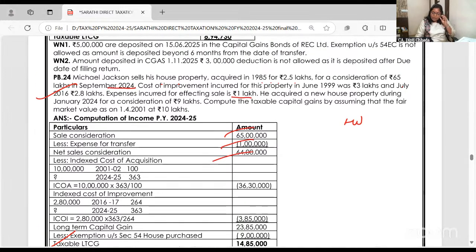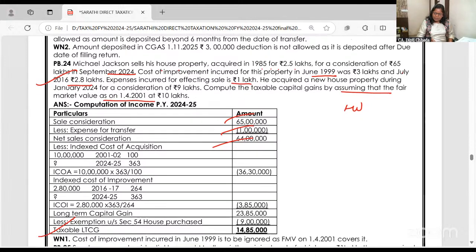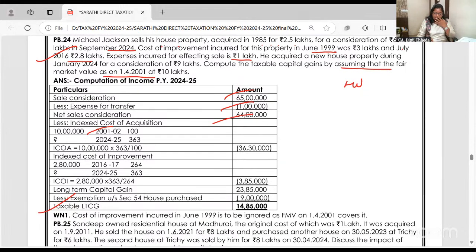Now, he acquired the property in 1985 and he did some improvement in 1999 and one more improvement in 2016 also. So when the cost and improvement are given before 2001, you can take the fair market value of the property. Fair market value of the property is 10 lakhs.